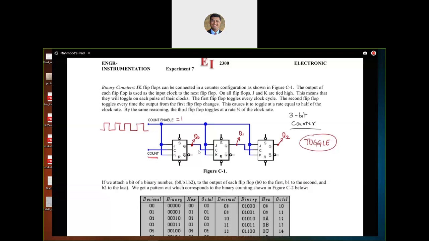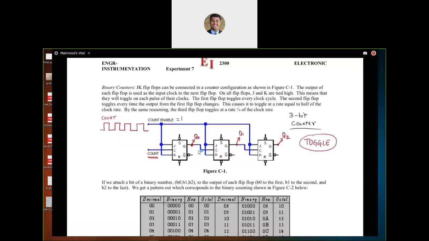So if I assume that this is count, and I have made sure that I have enabled the counter, so count enable is set to 1, what is going to happen at Q0? Well, because we know the nature of the flip-flops, every flip-flop is in the toggle state. And we are assuming that these are negative edge triggered JK flip-flops. So as we see a negative edge on the count signal, we are going to have a toggling effect on Q0.